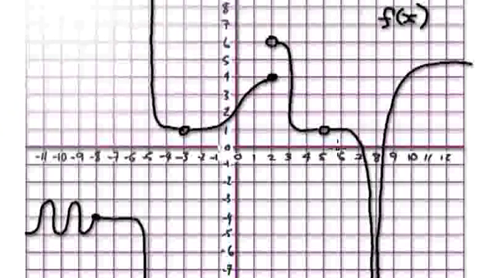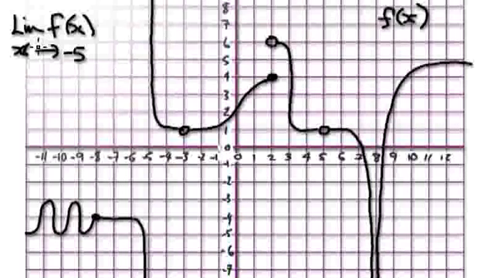Actually, I'm going to give you a trick one. What is the limit of f of x as x tends to negative 5, but from the left hand side only? That's what it means.